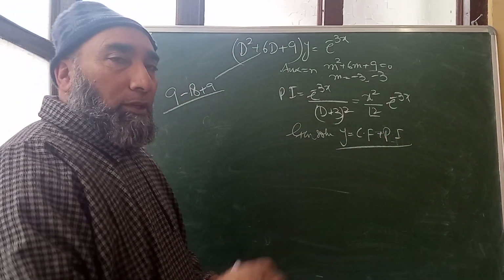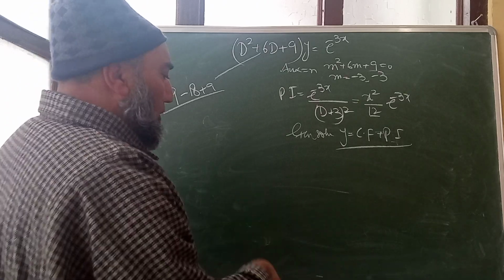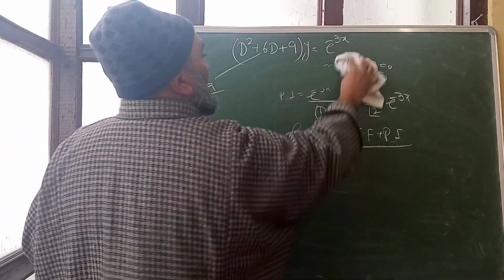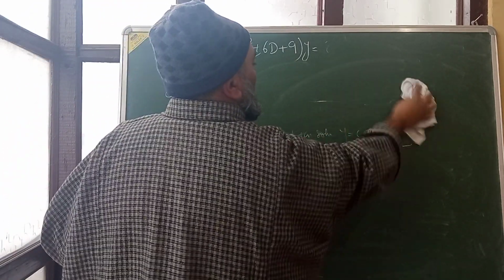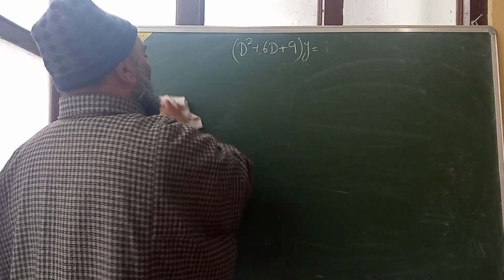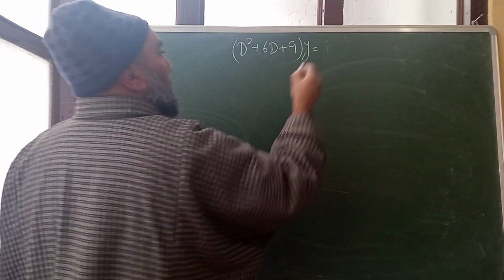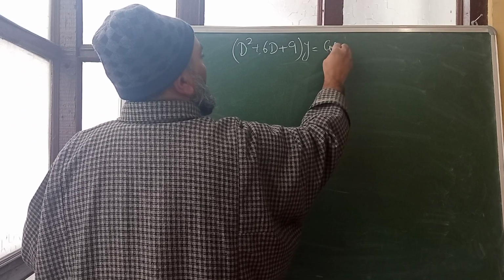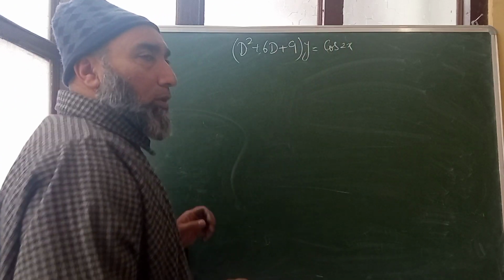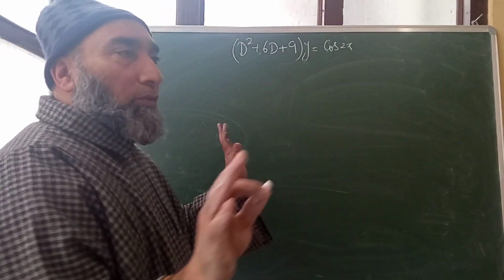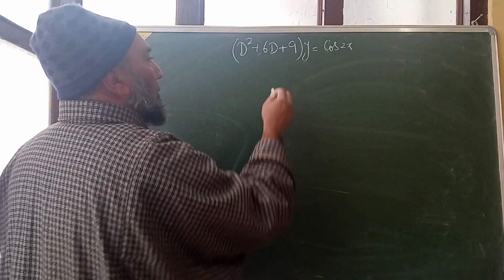Okay, now let me take up the cos function. Same questions I can take. Let me take this one: cos of 2x. Complementary function I will not discuss, only the particular integral.